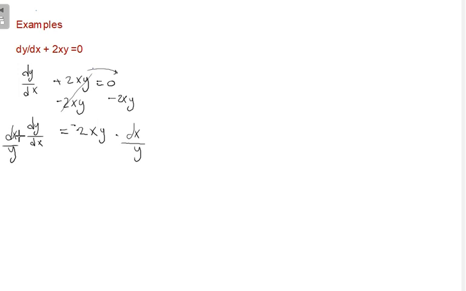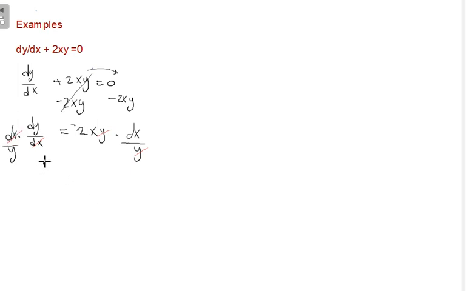So I multiplied dx over y to both sides of the equation. Here I get rid of y from this side, and we get rid of dx from this side.